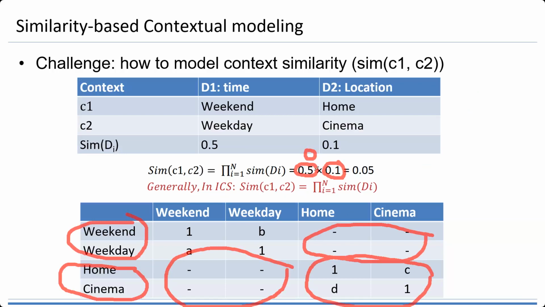So it is the limitation of this independent contextual similarity. So we need to assume that every possible context is available. If not available like this one, there might be some 0.